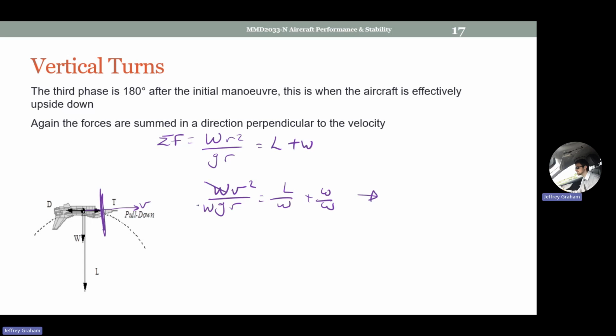You'll find out that those two cancel out. So you've got the velocity squared over GR equivalent lift divided by the weight being load factor, weight divided by weight being 1. So this time, you get the negative G loading because we're subtracting.